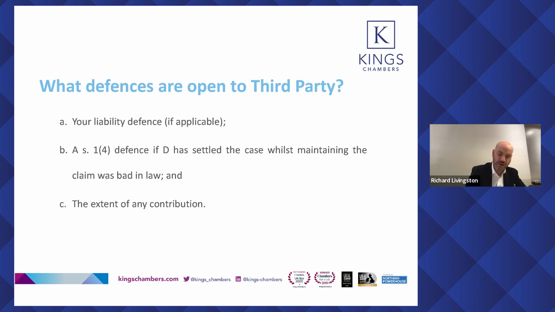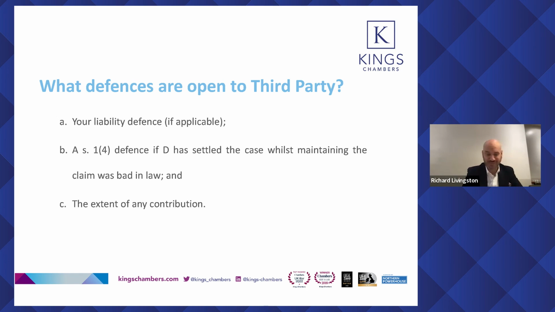However, there's no point seeking to test whether D in the main proceedings was negligent, because the court, when evaluating contribution proceedings, proceeds on the assumption that the underlying claim was made out. Any other approach goes against the policy of the legislation in seeking to prevent the relitigation of previously settled issues. And there's a recent case of the Court of Appeal called Percy and Merriman White, which deals with that.